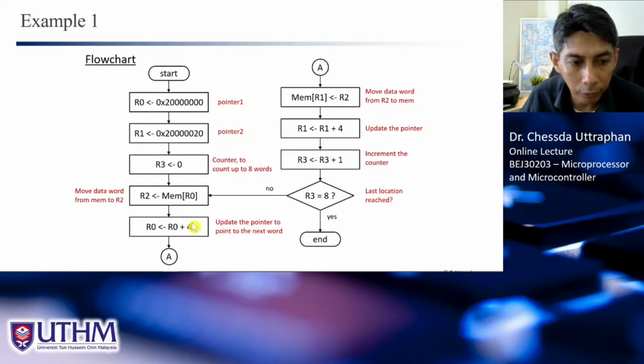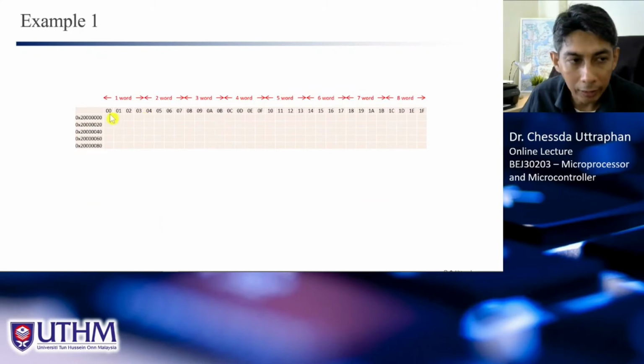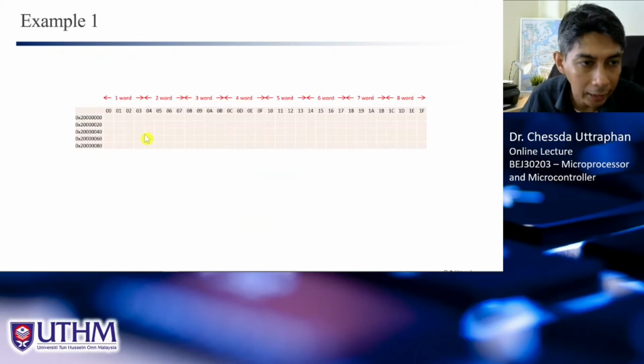If you plus 4 means that you use word, or 4 bytes. So I update with 4, means that R0 plus 4, you have 20000004, means that this address, the next word, here, plus 4 again, the next word.